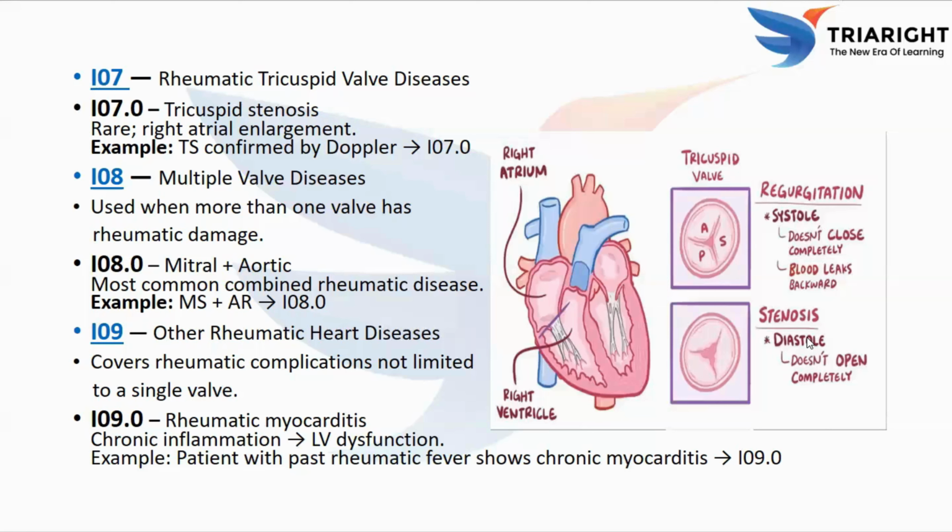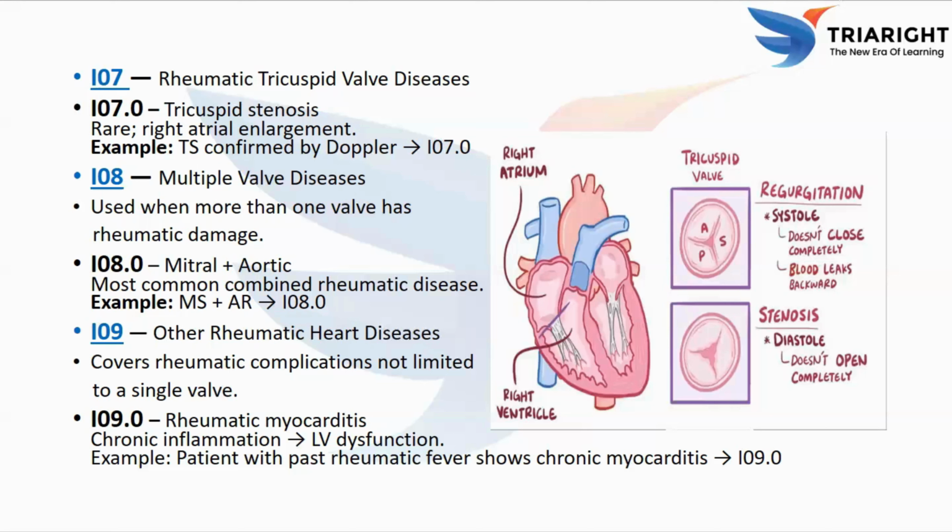So then coming to stenosis. In stenosis, the valve doesn't open fully during the diastole, nothing but when the heart relaxes. So this makes it harder for the blood to flow from the right atrium to right ventricle. The right atrium becomes enlarged due to increased pressure, whereas stenosis usually results from the rheumatic scarring that thickens or fuses the valve cusp.